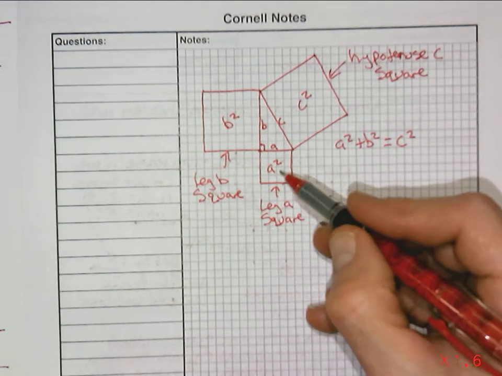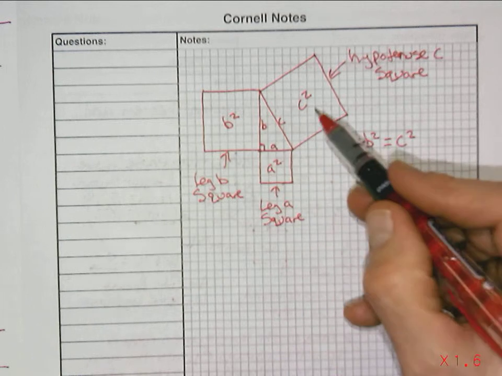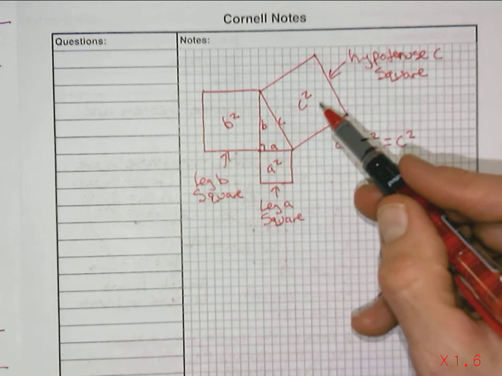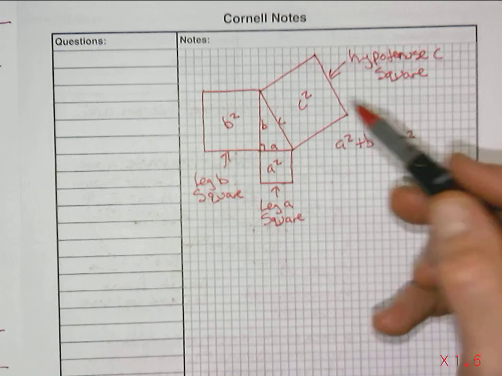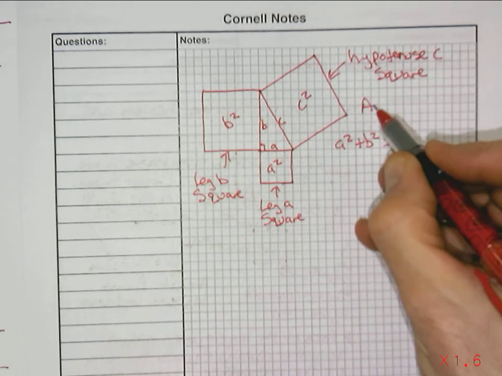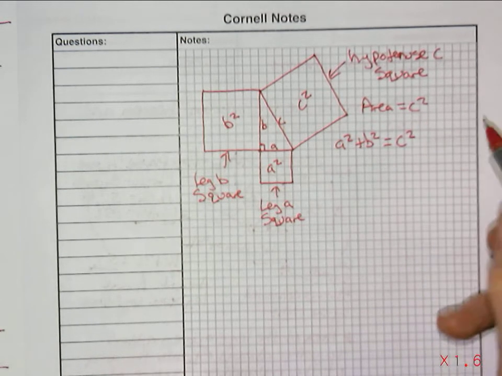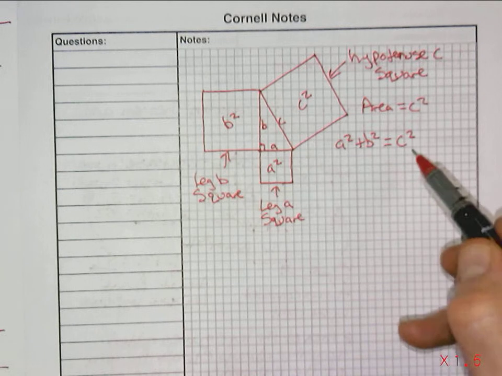So in other words, the area of the leg squares added together gives us the area of the hypotenuse square. So we know that area for this one is C squared, and so we add those two to get C squared.